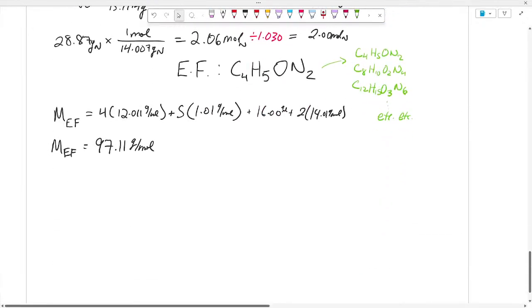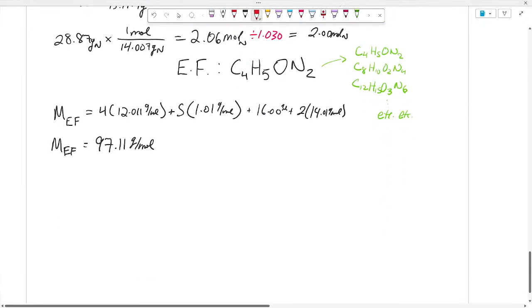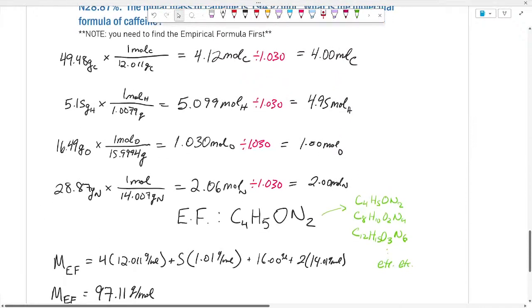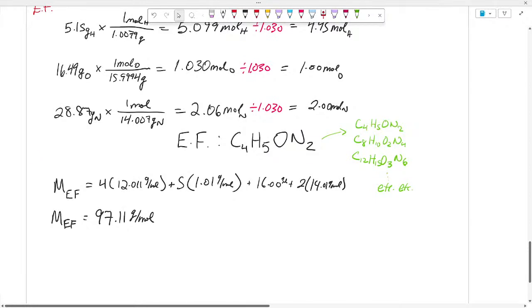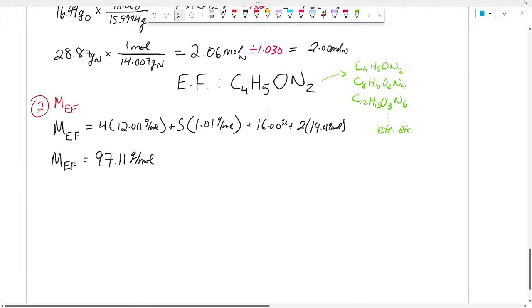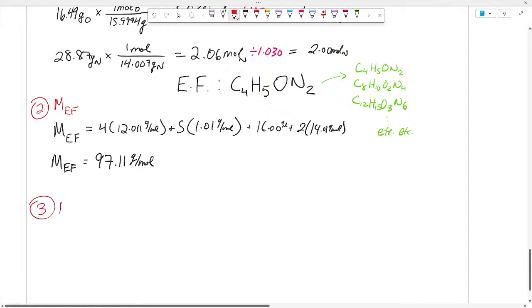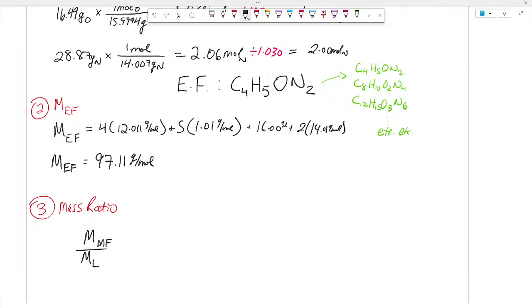Okay, now is that the molecular weight they gave us? No. So, we need to find the ratio. So step 1 here would be getting the empirical formula. Step 2 would be the molecular weight of the empirical formula. Step 3 is going to be the mass ratio, right? Just divide them. We're going to say the molar mass of the molecular formula divided by the molar mass of the empirical formula. What was it, 194 point what?